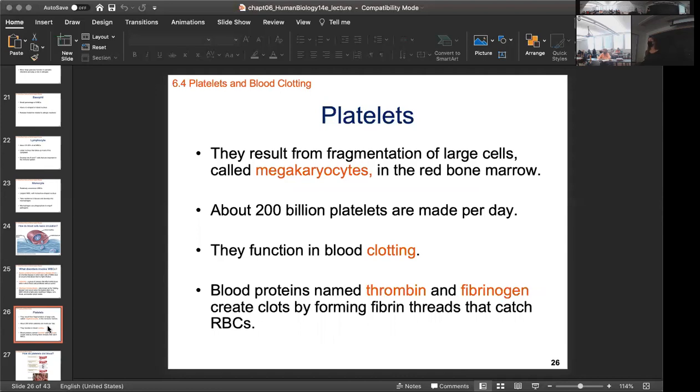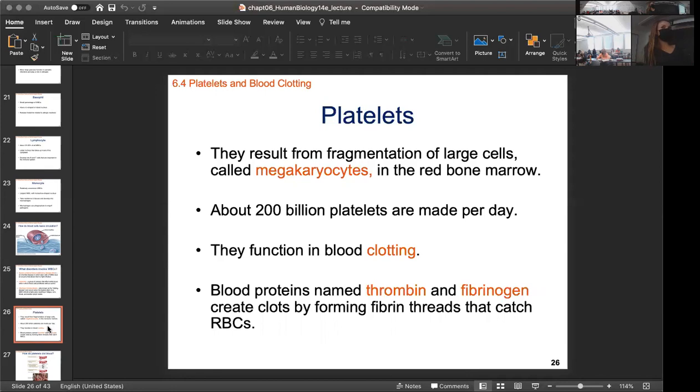Platelets. So we talked about red blood cells. We talked about white blood cells. Now we're going to talk about platelets. This is the third formed element in the thing that we call blood. Most of the time when you say blood, people just think of the red blood cells, because your blood is red or purplish blue or whatever color it may be.